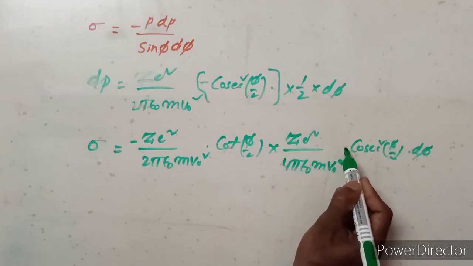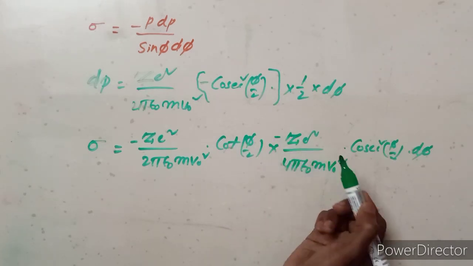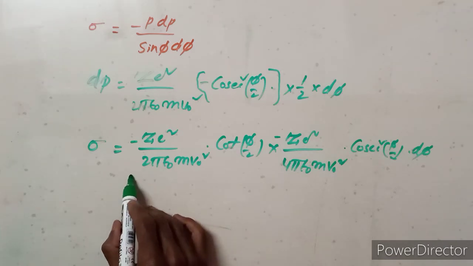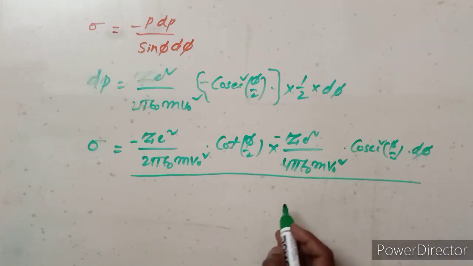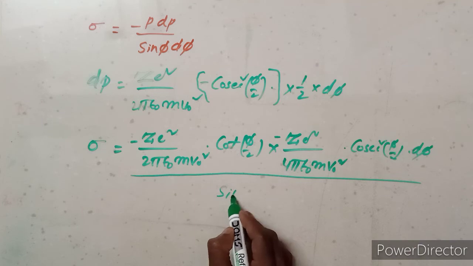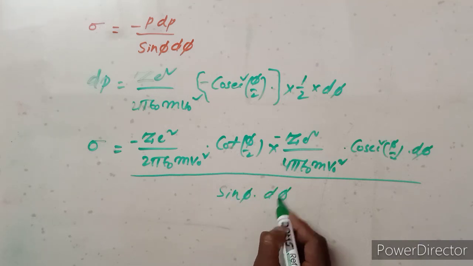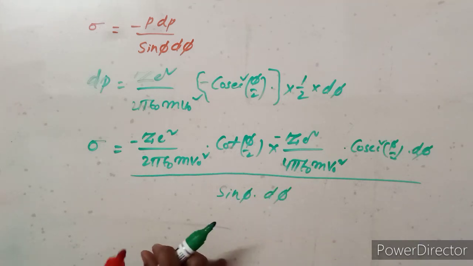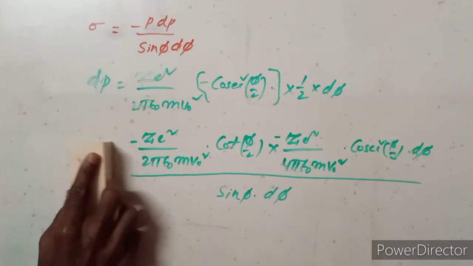This is also minus. So total by sin phi d phi. So this equation is not correct.